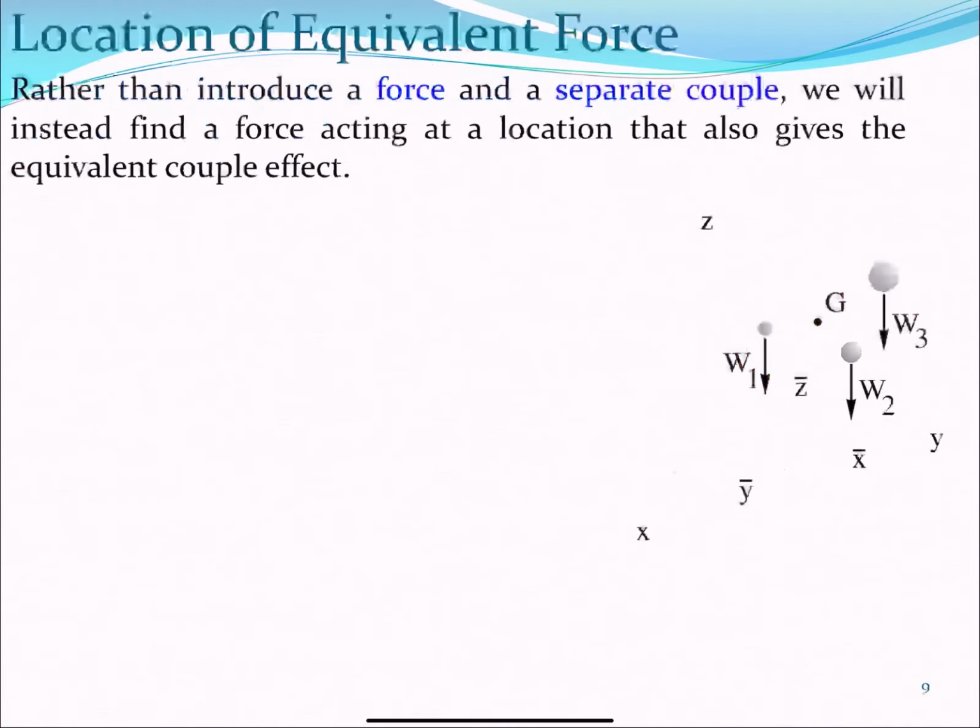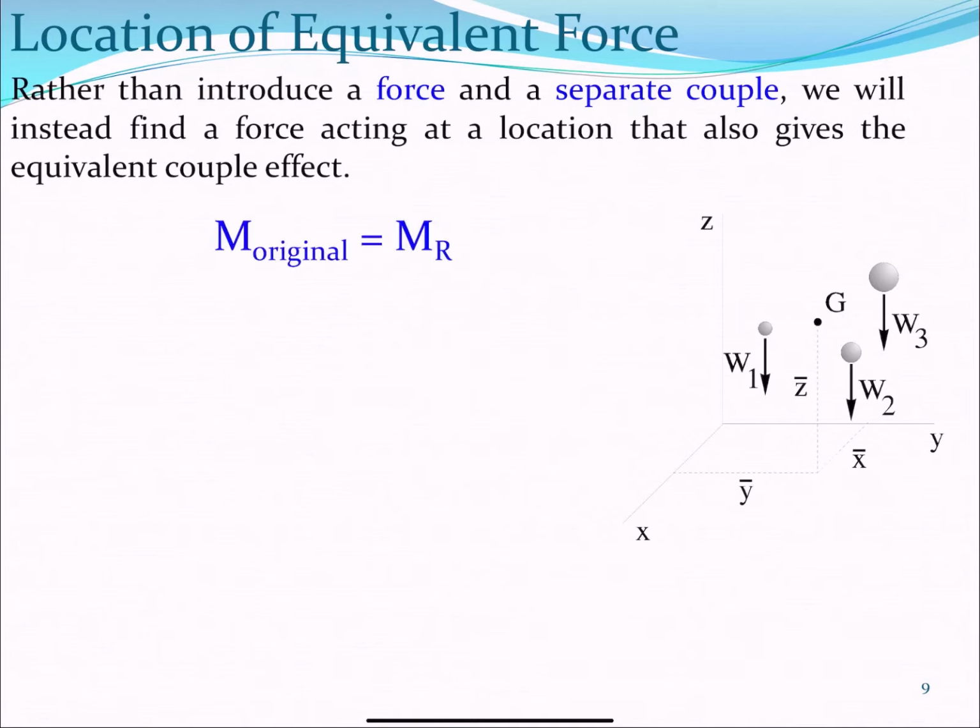Now, rather than replace that system of 3 forces with a force and a couple, let's just place the force with the right moment arm, and that will allow us to obtain the position of that equivalent point.